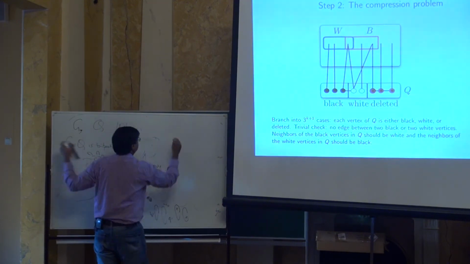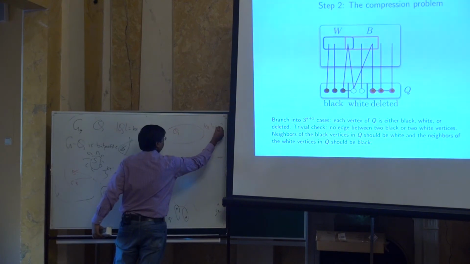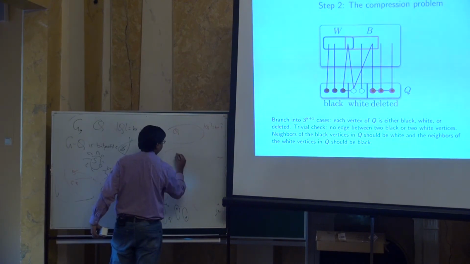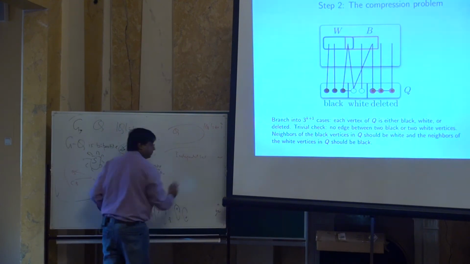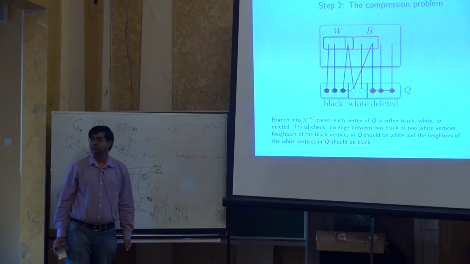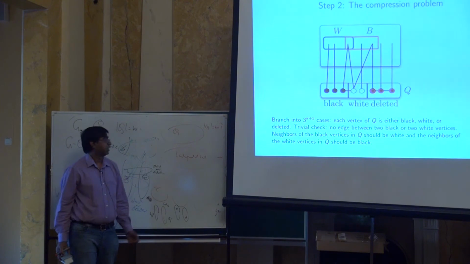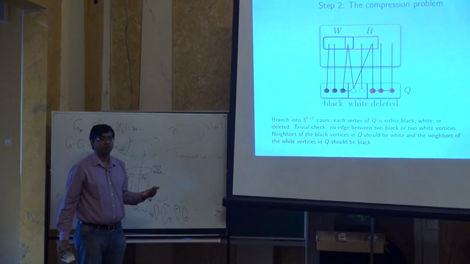So let's draw a picture. Here is my Q. What is the size of Q? K plus 1. And what is this? Independent set. And my question to you, is there a smaller vertex cover of size at most K? I'm asking, does there exist a vertex cover of size at most K?